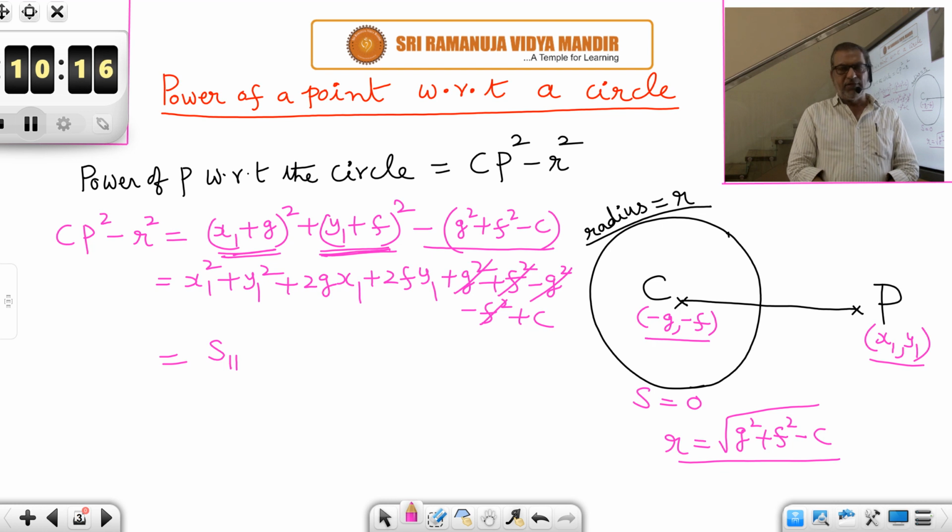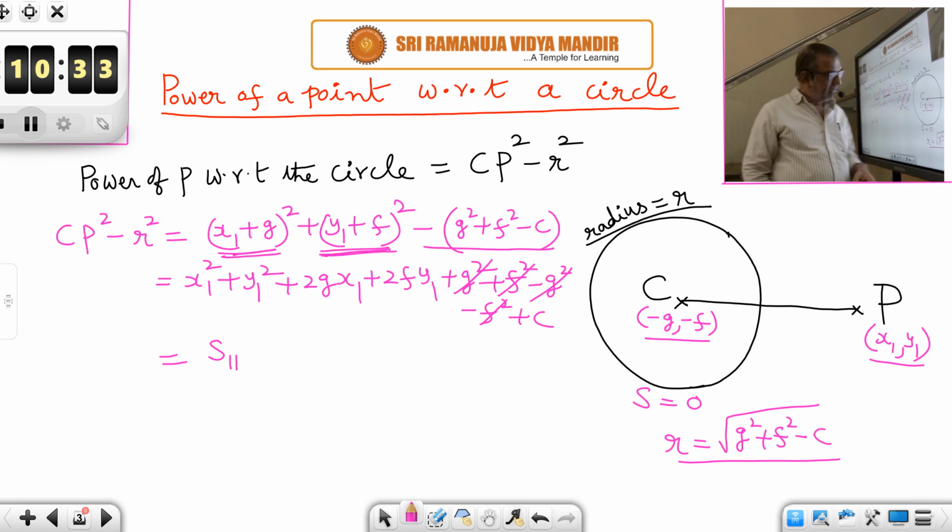Whenever I ask the definition of the power of a point, you have to tell Cp square minus R square. Then my next question will be, what is the formula for the power of the point? If the circle is S is equal to 0 and the point P is x1, y1, then what is the formula for the power of the point? That is my next question. Your answer should be simply S11. S11 is the formula for the power of the point.